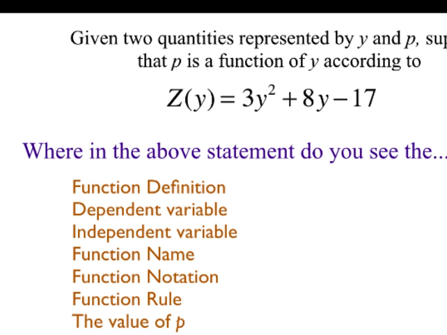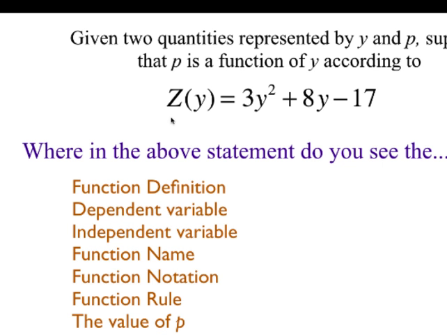Where do you see the value of P up there? So where in that above statement do you see the value of P? But then again, we described it as Z of Y, wouldn't it? No, the answer is not nowhere.